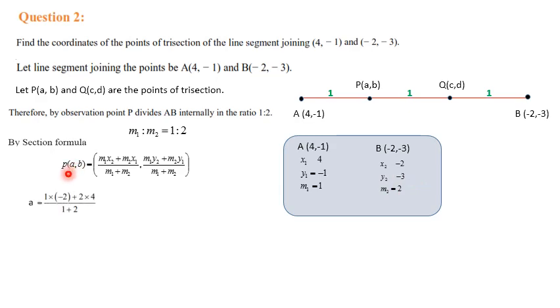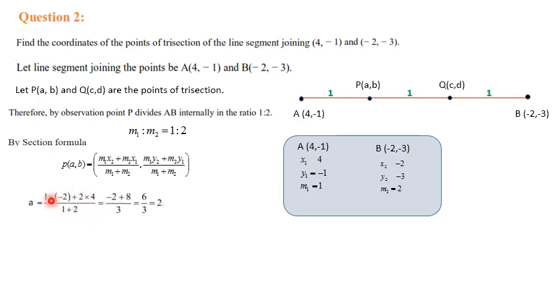The first coordinate, the x coordinate, is equal to (m1x2 + m2x1)/(m1 + m2). So m1 is 1, x2 is -2, so 1 into -2, plus m2x1. Here m2 is 2, x1 is 4, so 2 into 4, divided by 1 plus 2.